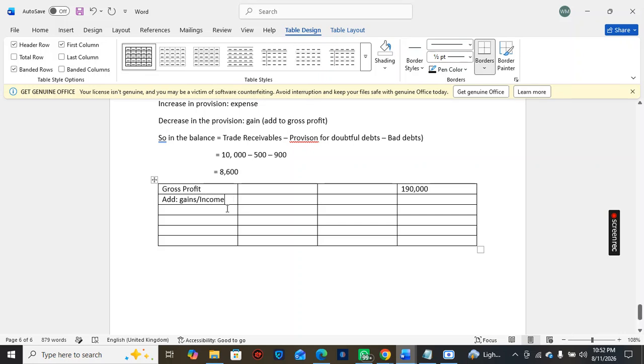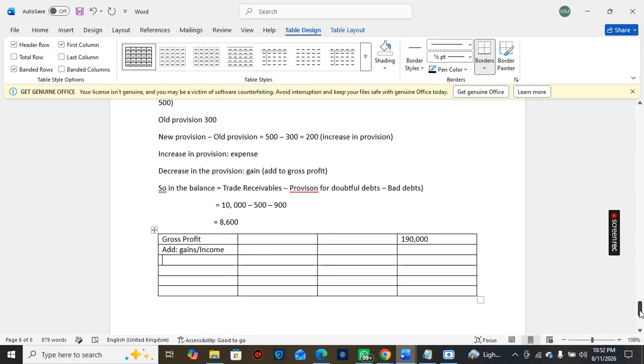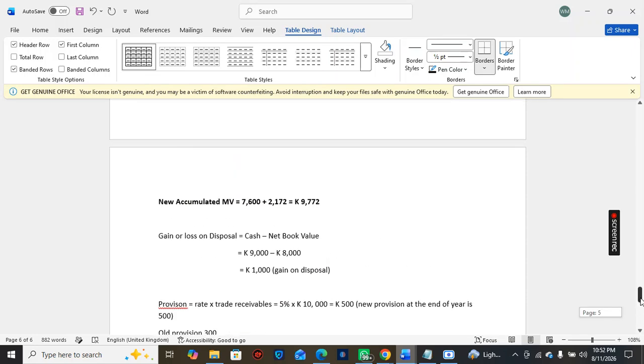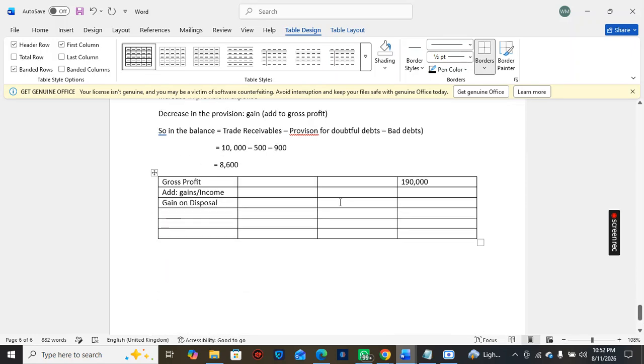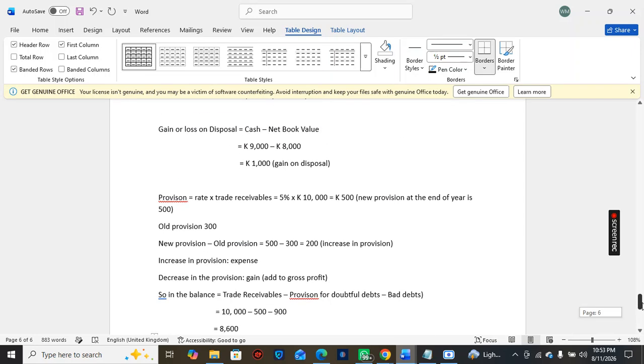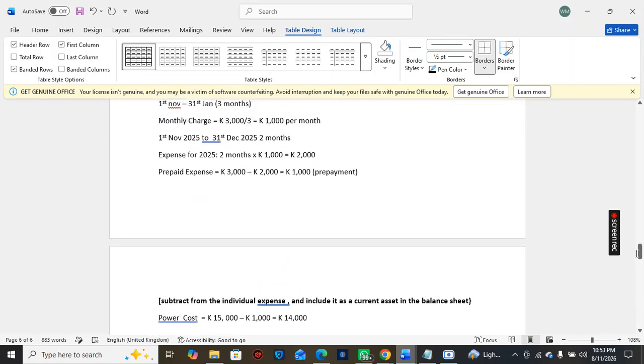So we had a gain on the disposal here. So gain on disposal, let's see, 1,000. What else do we have?